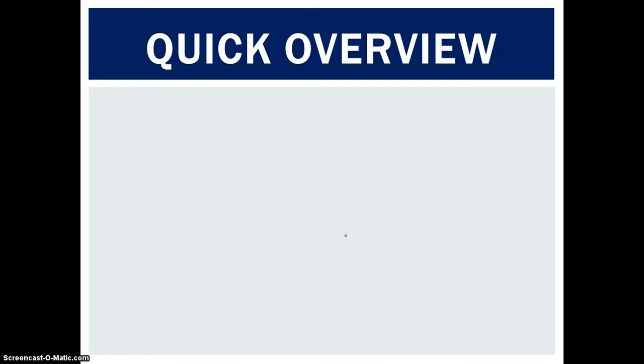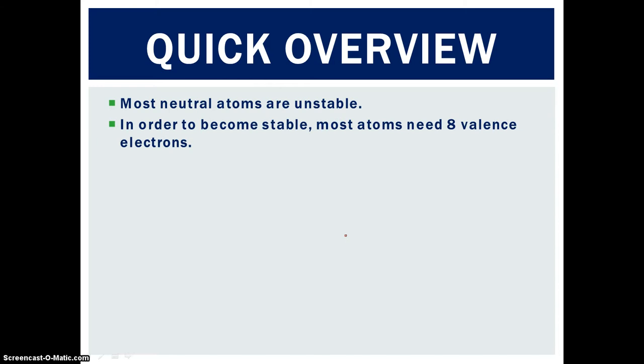We already know a little bit about this stuff that will help us write the formulas. So first, we understand this idea that most neutral atoms are unstable. Maybe we haven't put it in those terms, but we know that almost all atoms need 8 valence electrons to be considered stable.